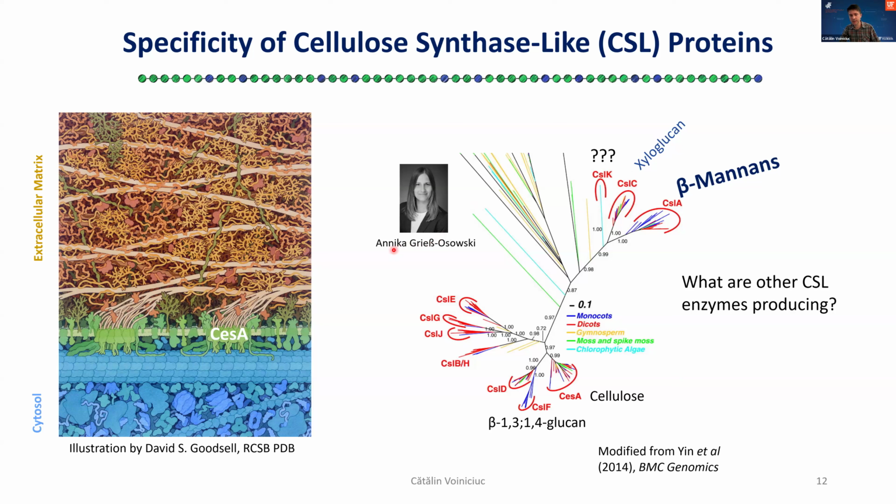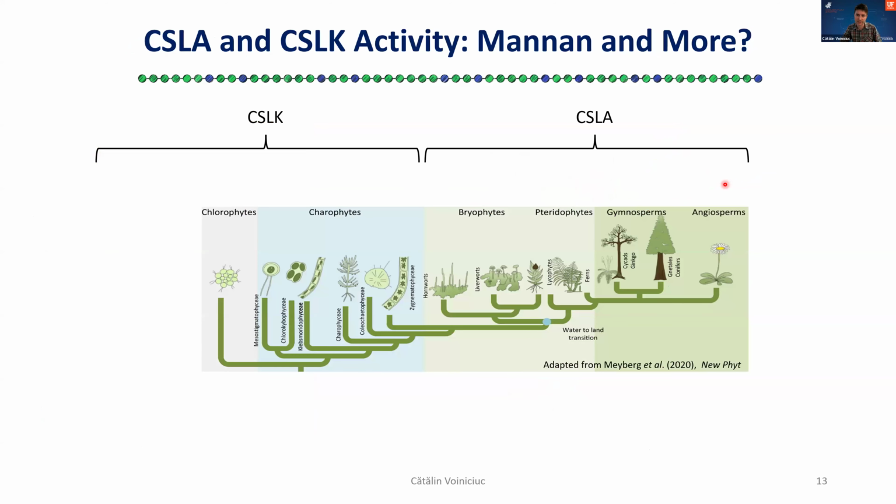So one of my PhD students in Germany, Annika Grisosowski, started wondering, well, what are the activities of other members of these families, especially the CSLK clade, which is only found in algae, and it's kind of proximal to both the glucan and mannan synthases, so it may be difficult to predict their activities.